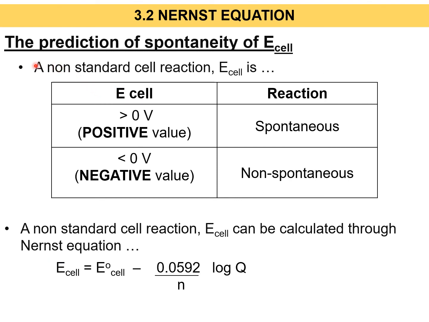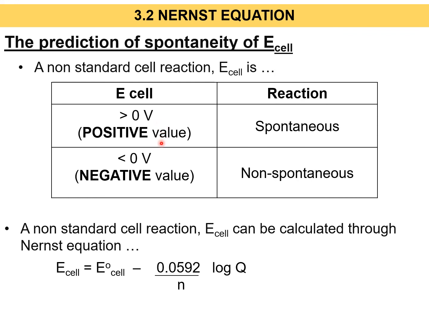Okay, next, how can you predict the spontaneity of the reaction? To predict the spontaneity of a reaction involving the non-standard cell potential, don't worry, even though it is non-standard, the indication is the same as the standard cell potential.